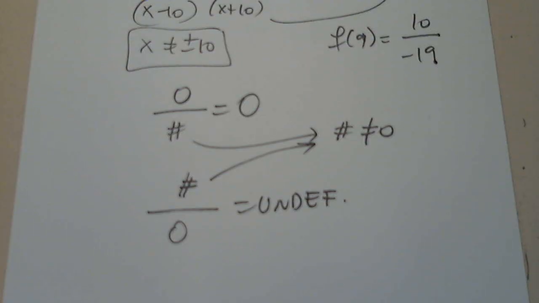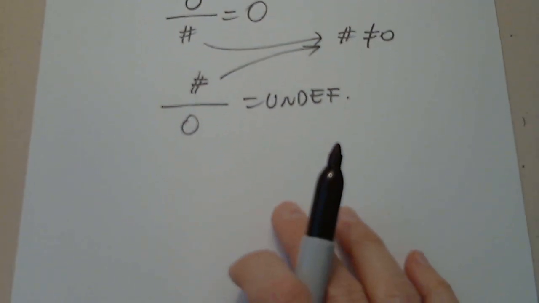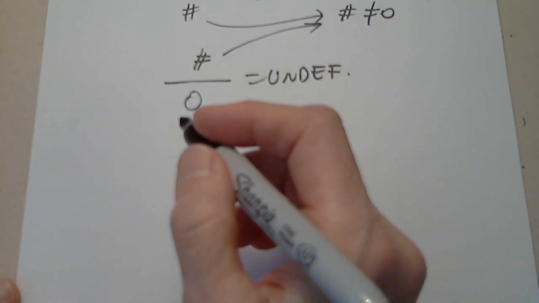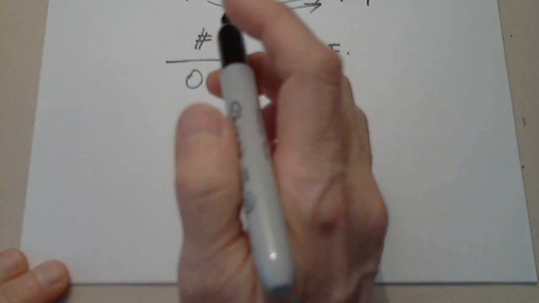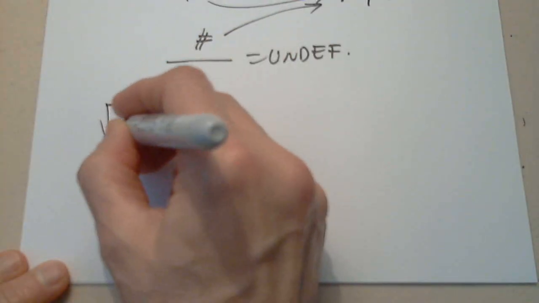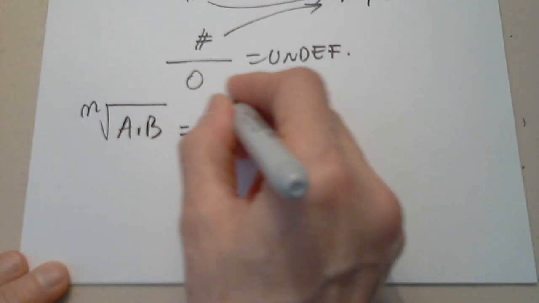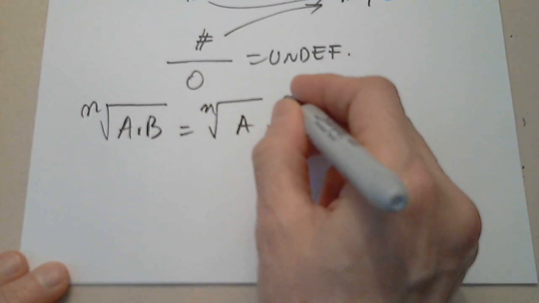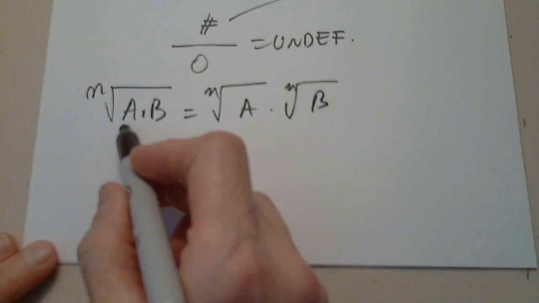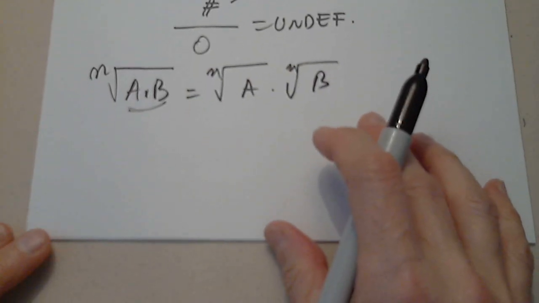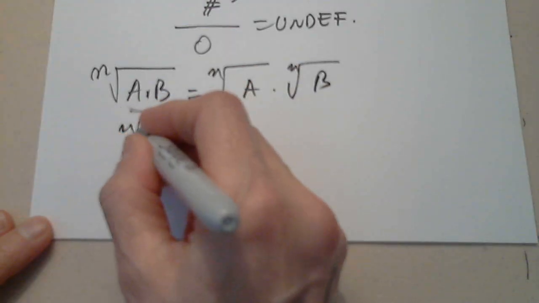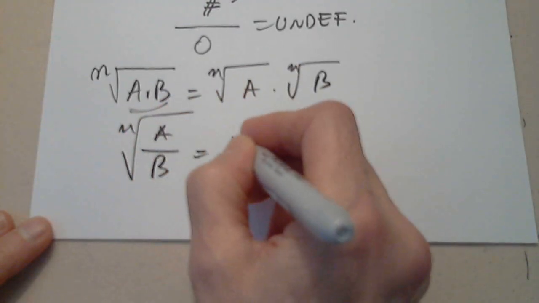Can we revisit the quotient rules for square root? The which rules for the square root? Quotient, dividing. So the rules are for the square root or any root, the nth root. You can split any radical if the radicand is a product, or if the radicand is a quotient.